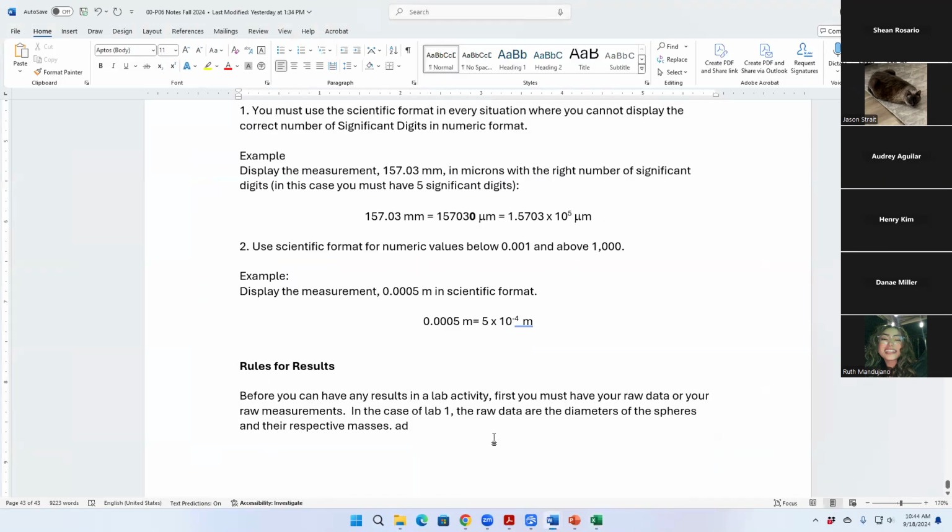Before you can have any results in a lab activity, first you must have your raw data or your raw measurement. In the case of lab 1, the raw data are the diameter of the sphere and their respective masses. Next, you must know the mathematical conversion of the data into your result, okay?